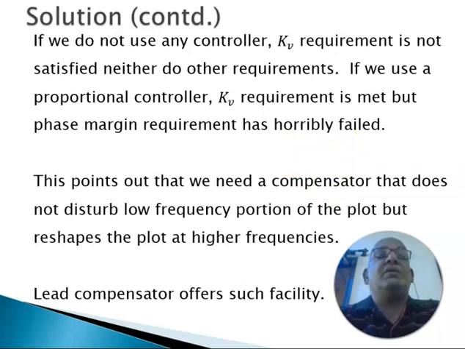It fell short. This points out that we need a compensator that does not disturb the low frequency portion of the plot but reshapes the plot at higher frequencies. So we need adjustment at higher frequencies without disturbing lower frequency content, and a lead compensator offers such a facility because this lead compensator is a high pass filter.